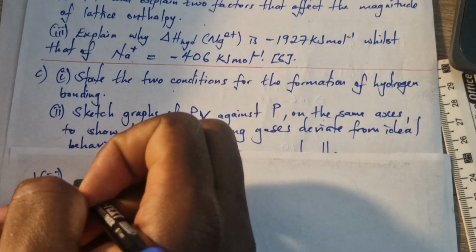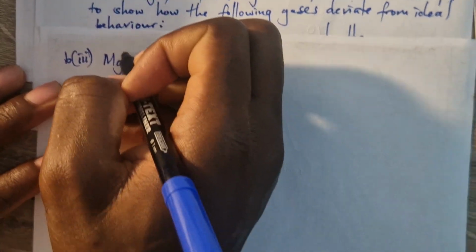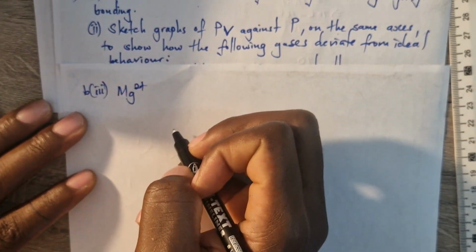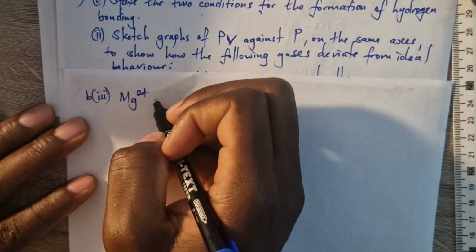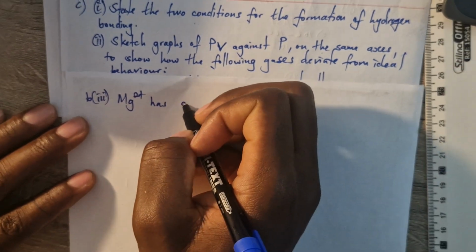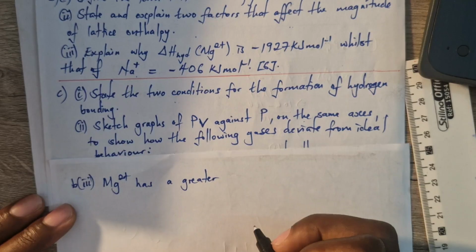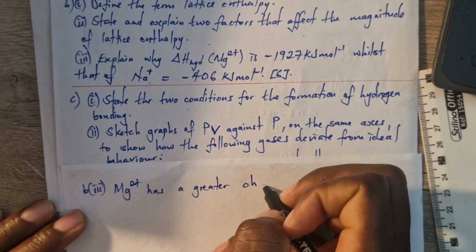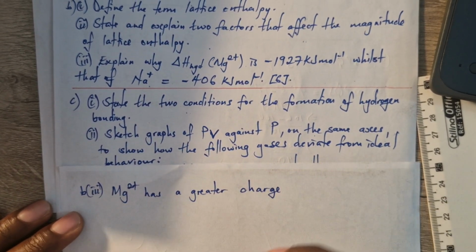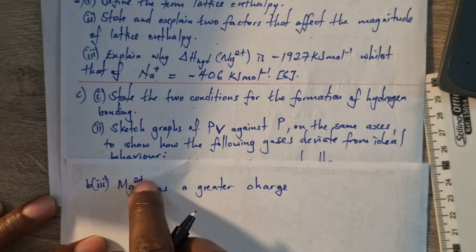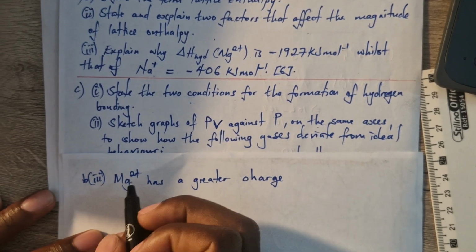The reasons: first we have to state the differences. I can say magnesium 2 plus ion has a greater charge density. The difference is on charge density, the amount of charge, which is 2 plus.